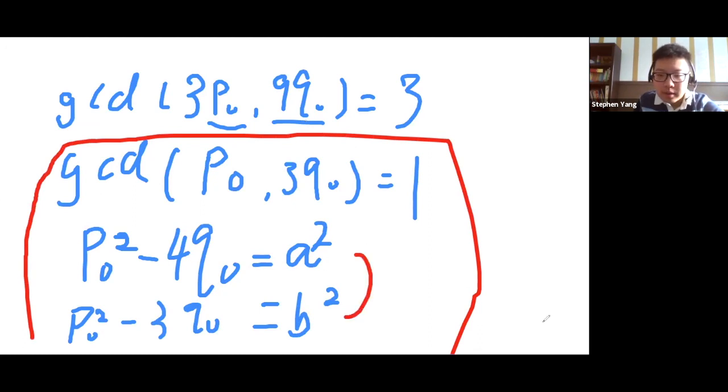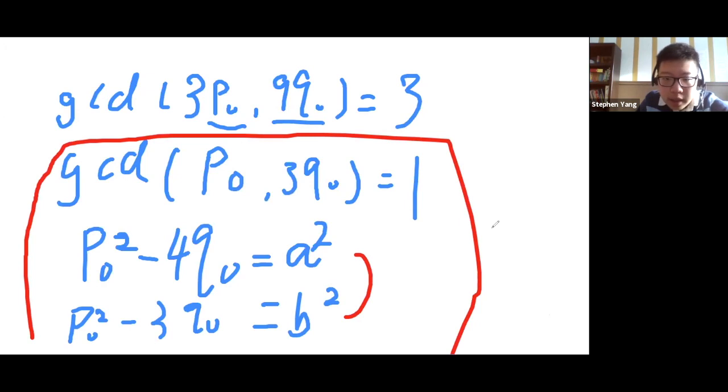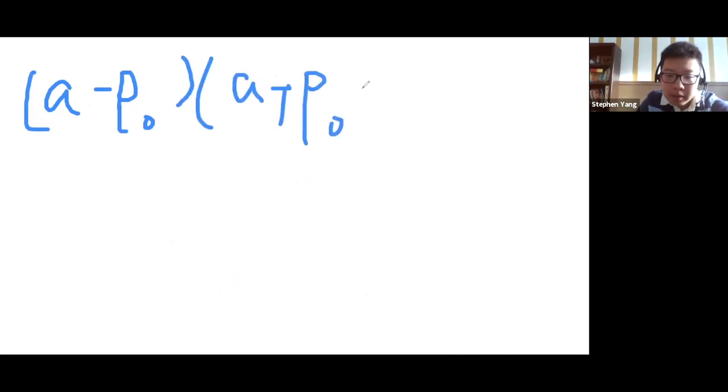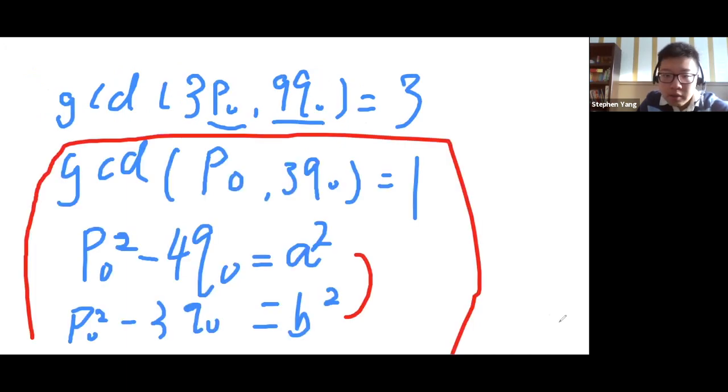And then rearranging these two, we'll have A minus P0 multiplied by A plus P0 is equal to 4Q0.